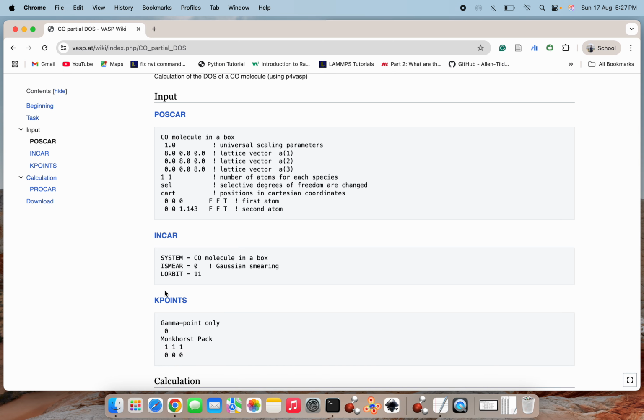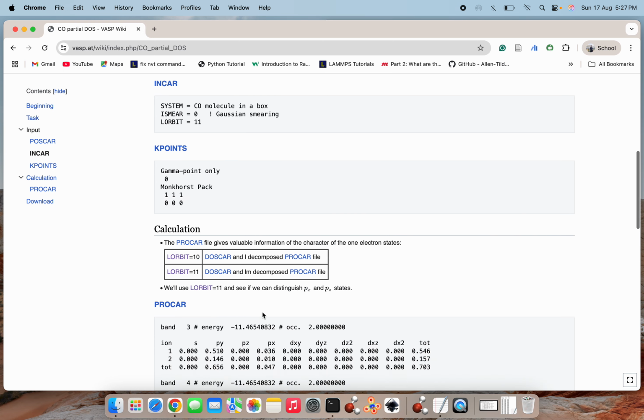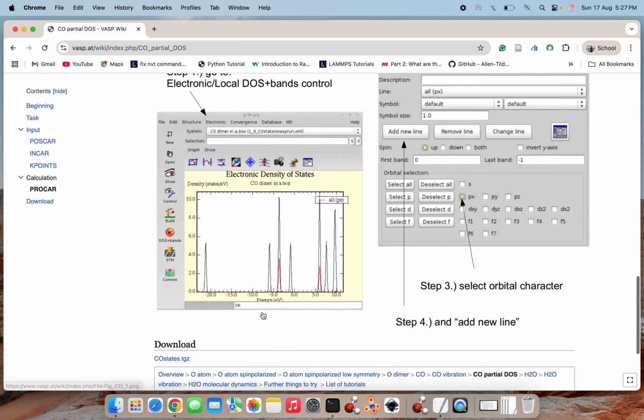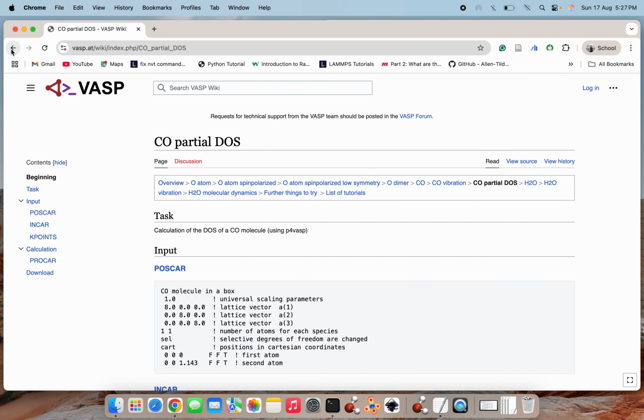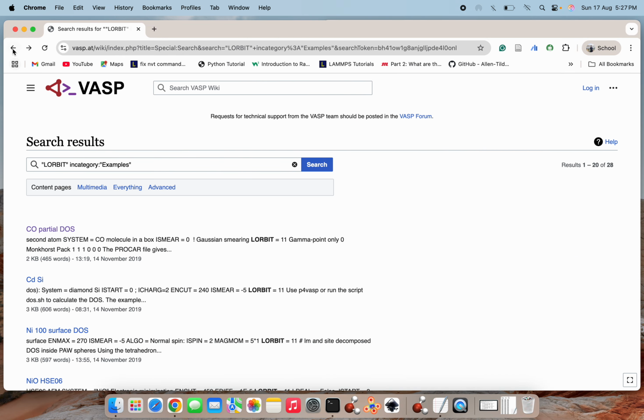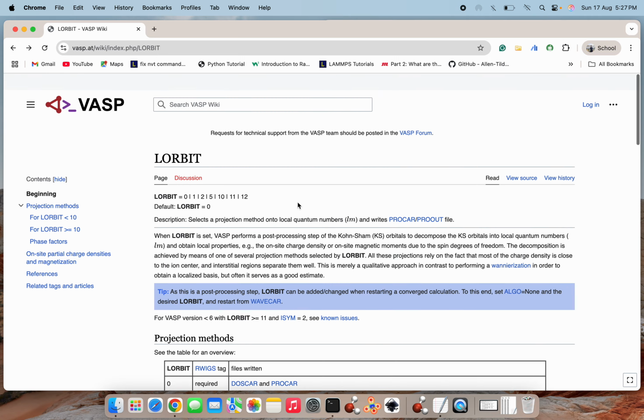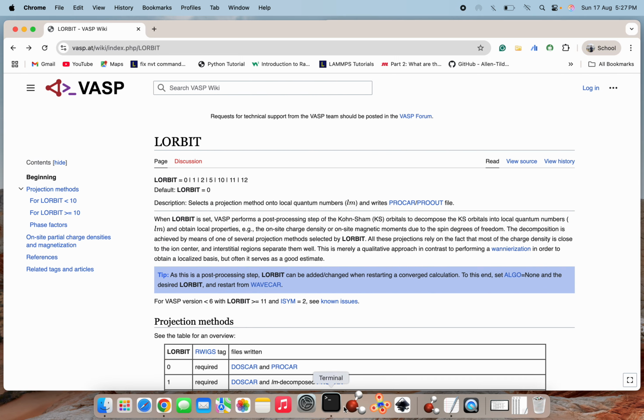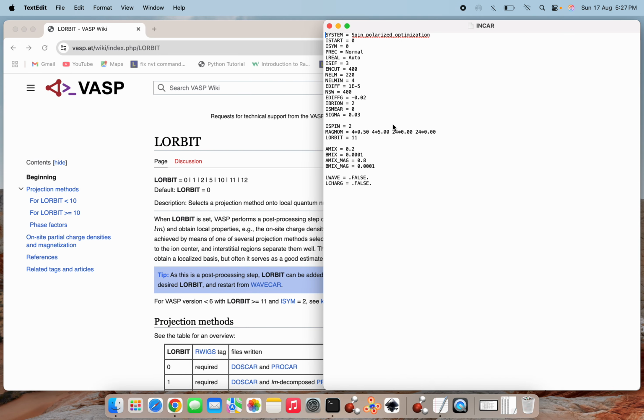You see here LORBIT has been used but that is not included in this spin polarized calculation. Rather only these two tags we can consider, one is the ISPIN and another is the MAGMOM. Okay, so based on this we can do some spin polarized calculation, and we can also assign different spin states to a particular atom.